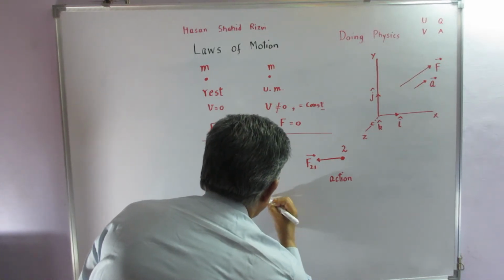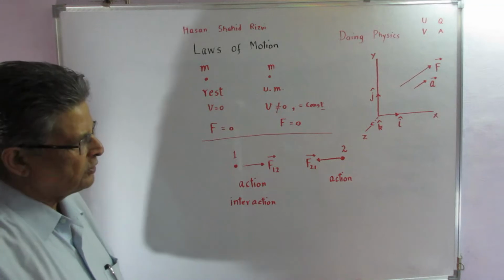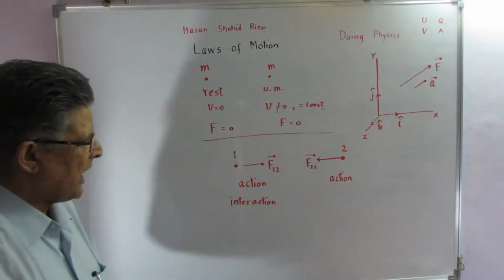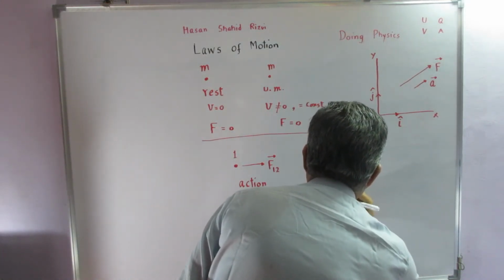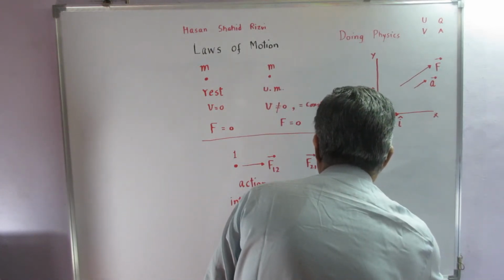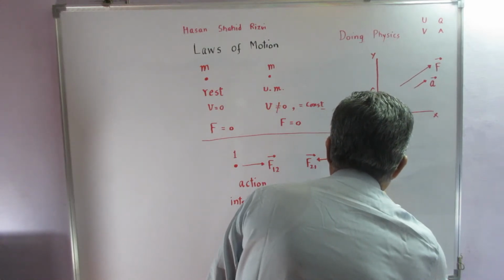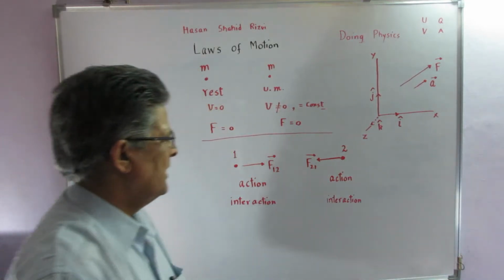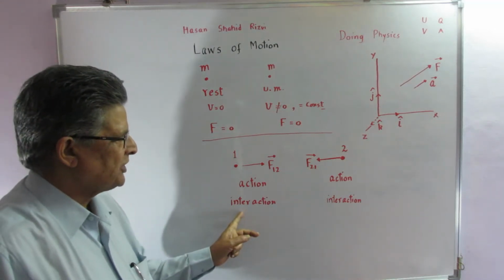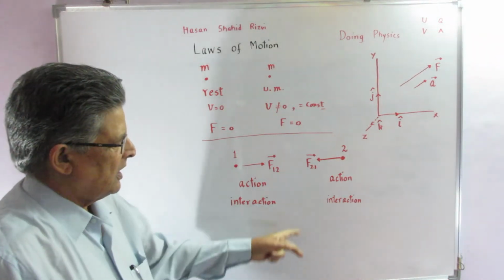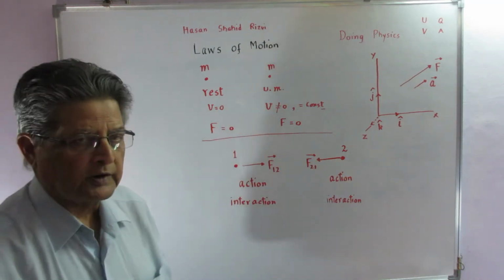To take you away from the general language that reaction follows action, instead they said, well, let us rather introduce the following statement about Newton's third law: to every interaction there is an equal and opposite interaction, or at the same time we can say to every interaction there is an equal and opposite interaction.